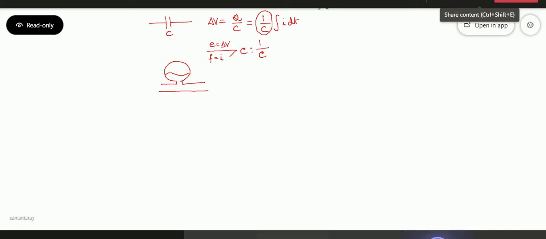Oh, no. Okay. So this is what we know as a hydraulic accumulator. So we use an accumulator to reduce flow fluctuations. So this is an accumulator.